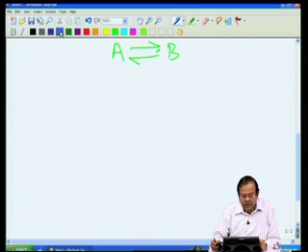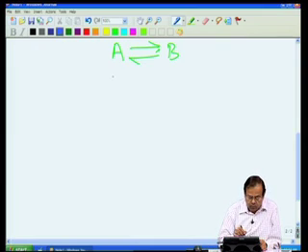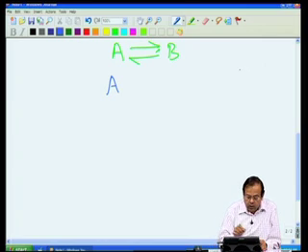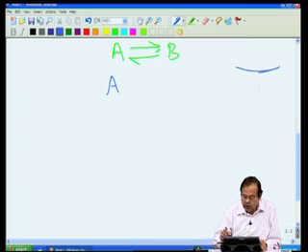So, the mechanism that we talked about can be represented in the following form. Let me just say that this is my catalyst surface, and this is the location where the active material is.